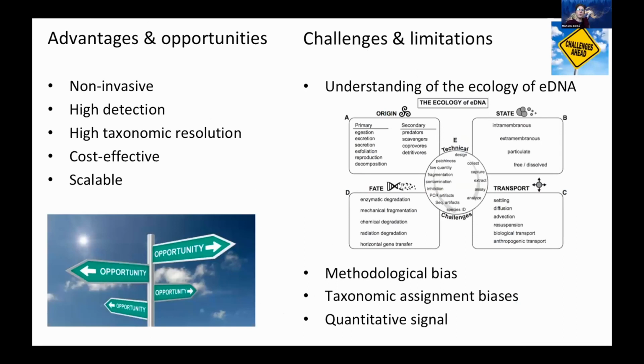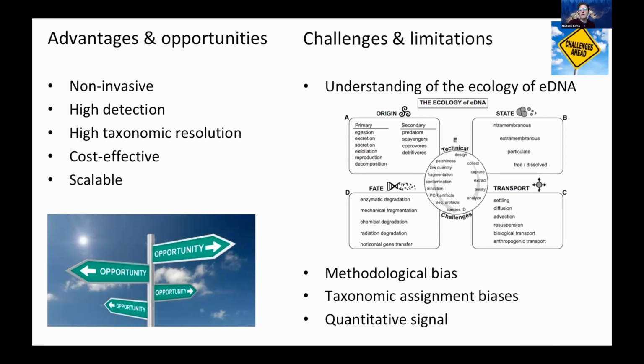I will briefly conclude by restating the new opportunities and advantages that eDNA methods can offer to study biodiversity and wildlife conservation in particular. I will not repeat them because I've already discussed them over the presentation. But since new opportunities come also with new challenges, I just want to briefly mention some of the current limitations of the method.